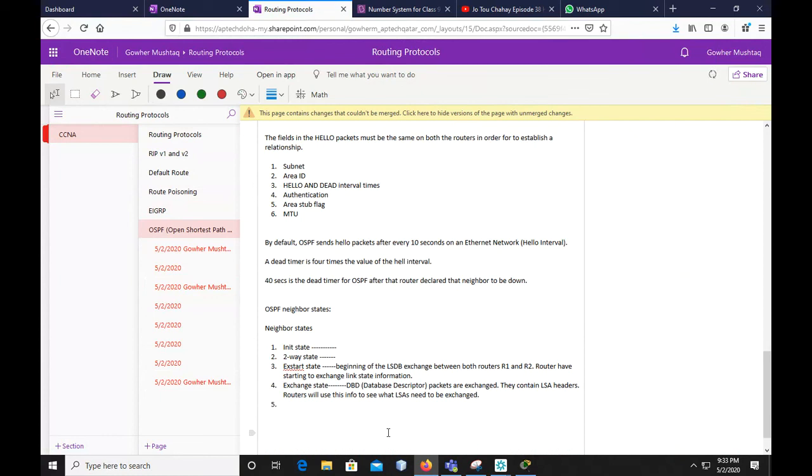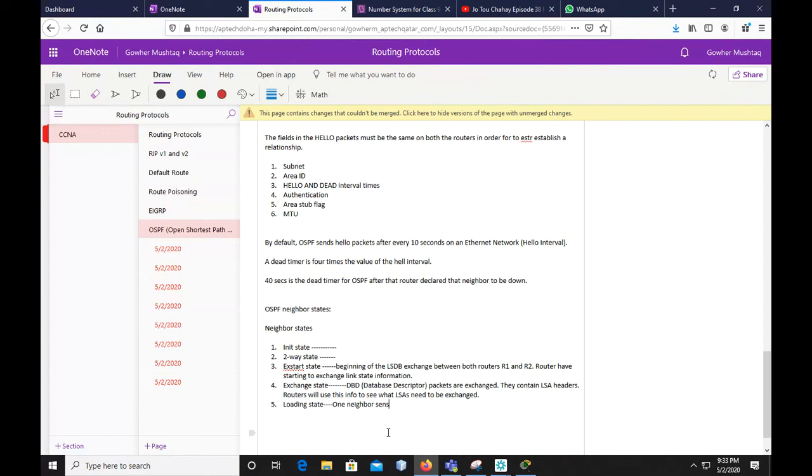The fifth step is loading state. What's loading state? One neighbor sends LSRs. Let me write it, I will explain it to you using an example.